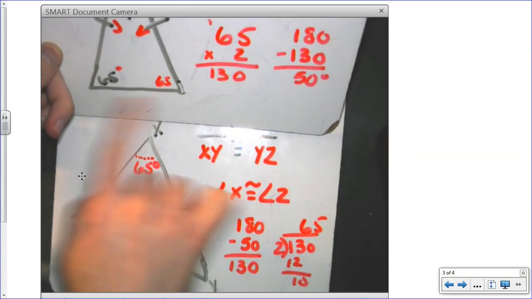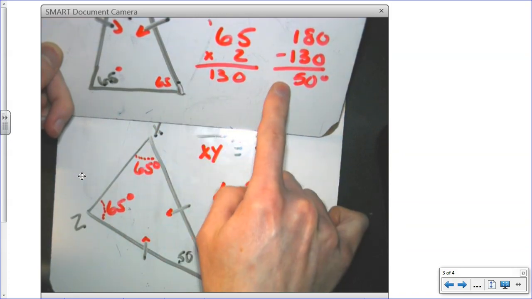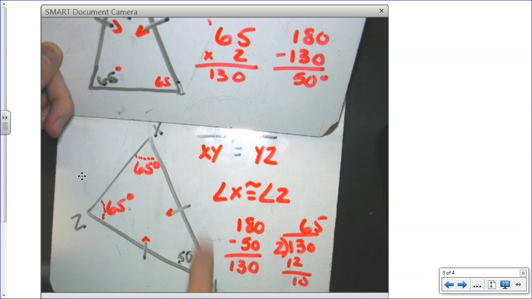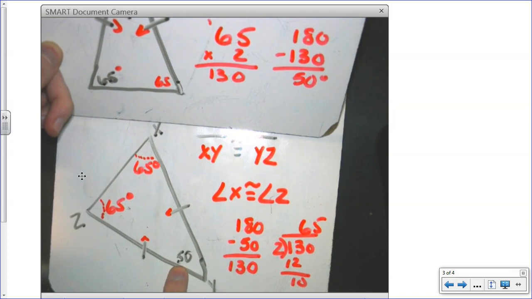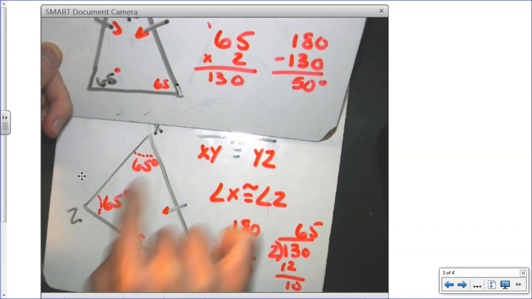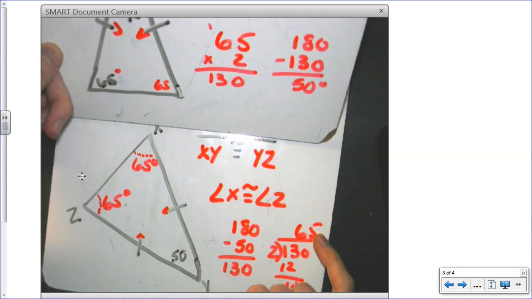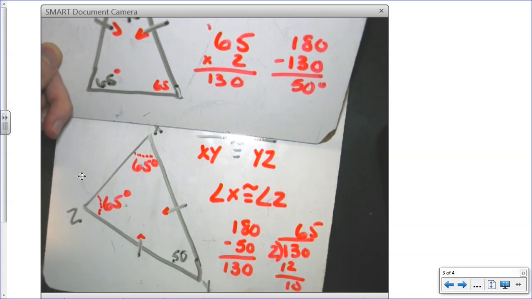In this problem where I was given one of the two congruent angles, I multiplied by 2 and then subtracted from 180. Over here, I subtracted from 180, and then instead of multiplying by 2, I had to divide by 2 because I had the total number of degrees between the two angles. Now I needed to figure out what was their fair share, what was their equal portion, and that was 65 degrees.